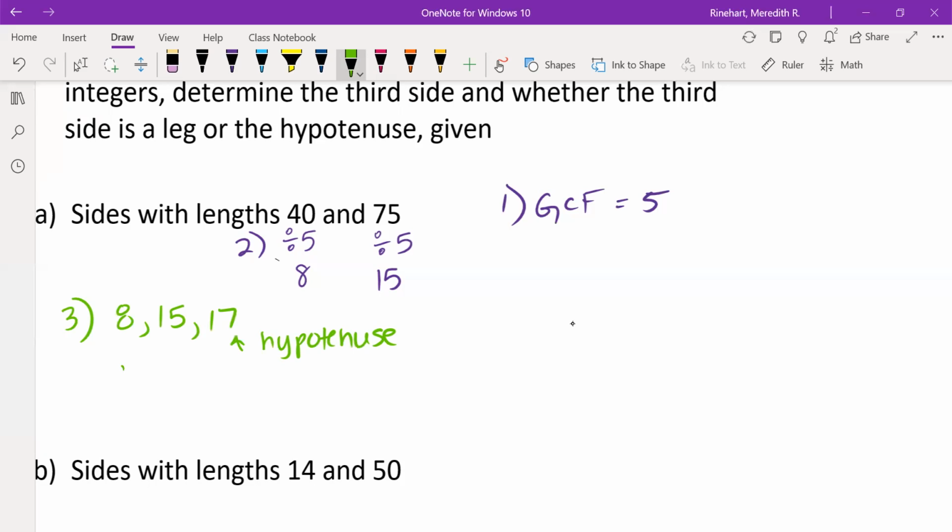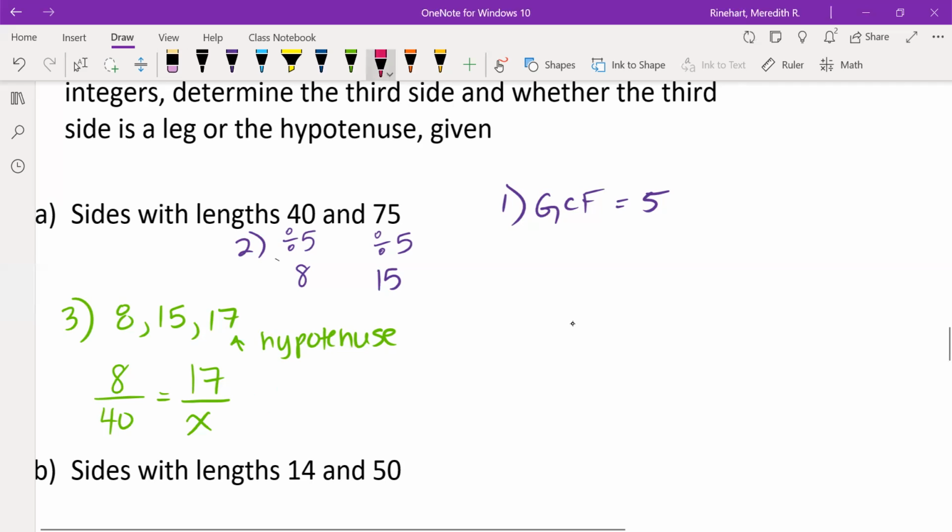So 8 to the original side of 40 equals what we're missing here. So this is what we don't know. And the original triple amount would be 17. You could also set 17 over x equal to 15 over 75, and you would get the same answer when you solve your proportion.